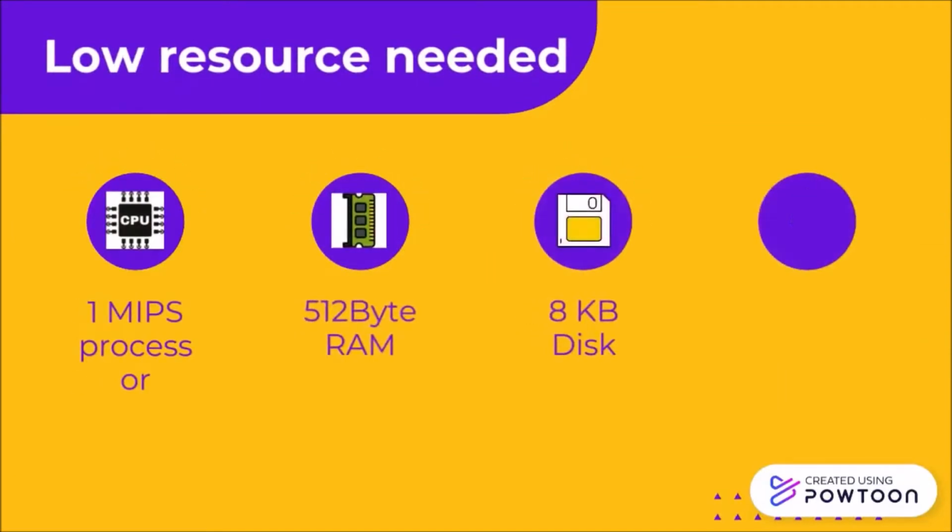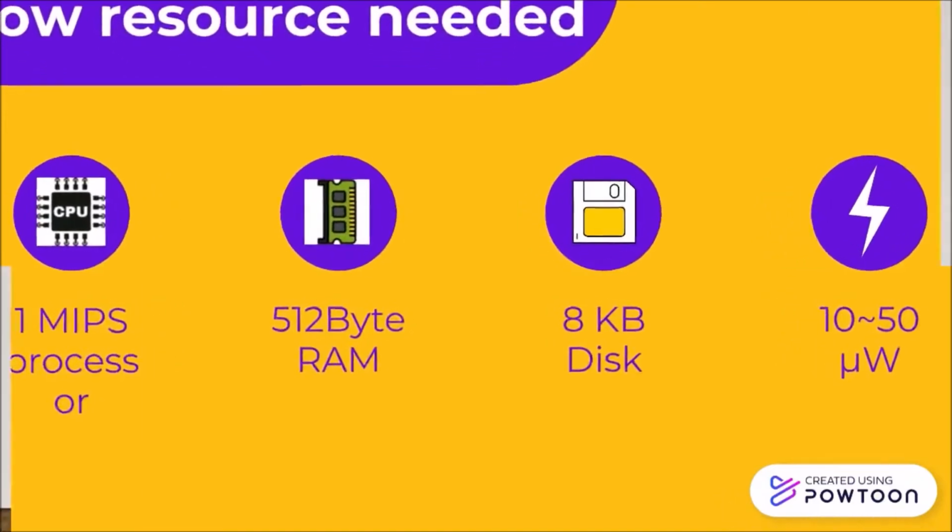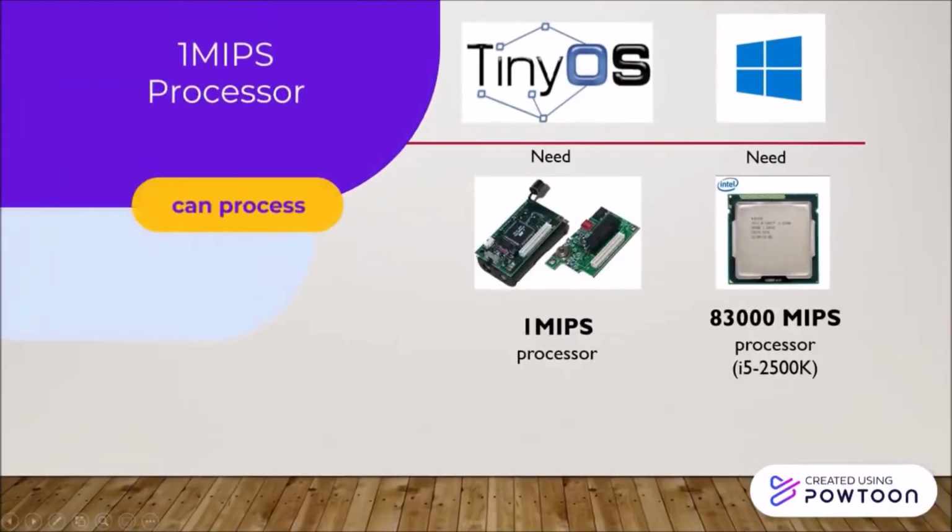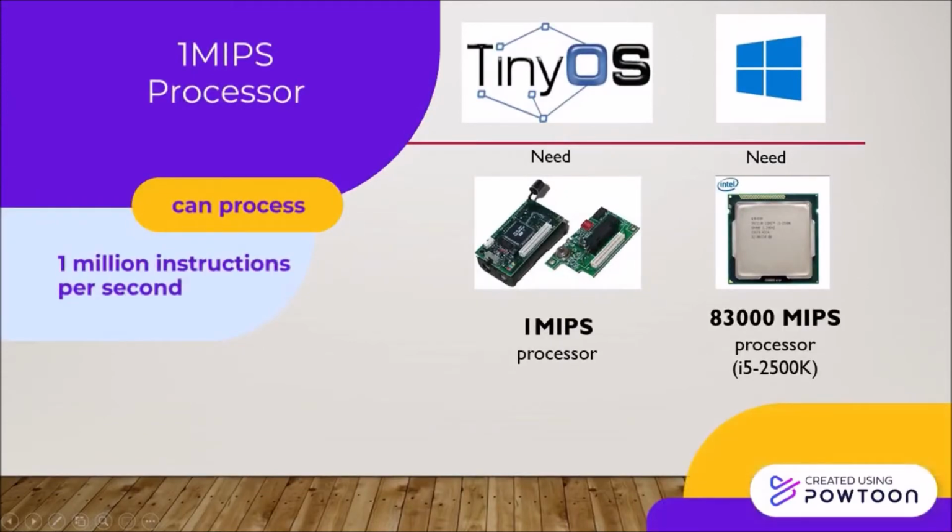It requires a 1 MIPS processor, 512 bytes of RAM, 8 kilobytes of disk space, and 50 microvolts of energy. A 1 MIPS processor can process 1 million instructions per second. TinyOS needs only a 1 MIPS processor, while to run Windows 10 smoothly, we will need an 83,000 MIPS processor.